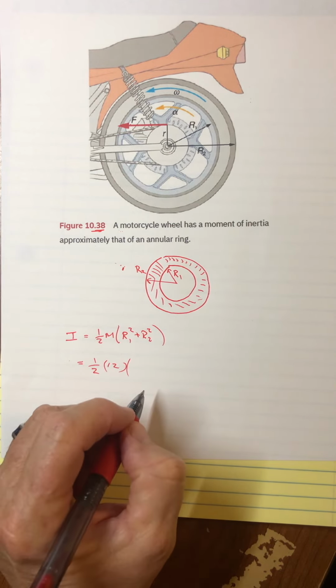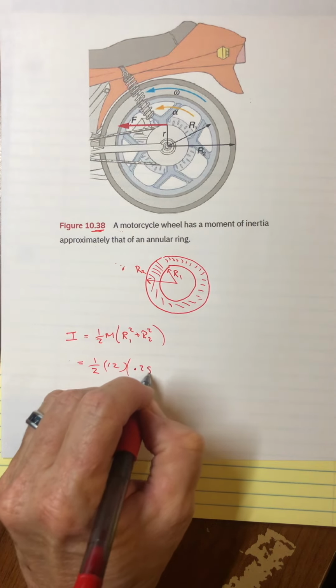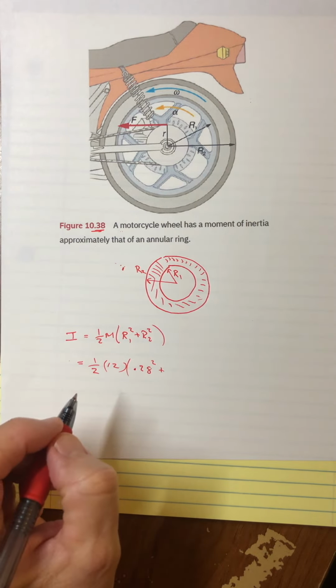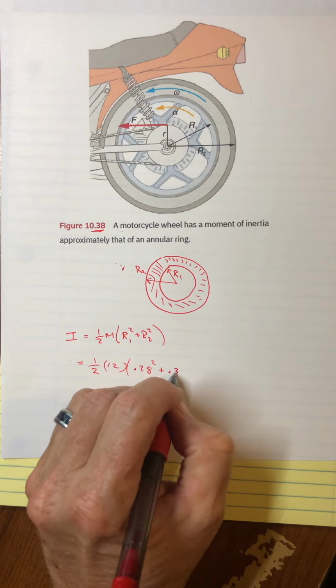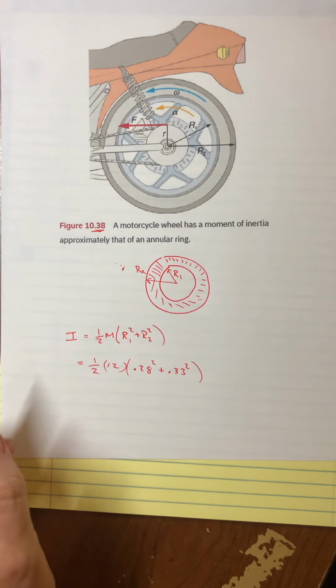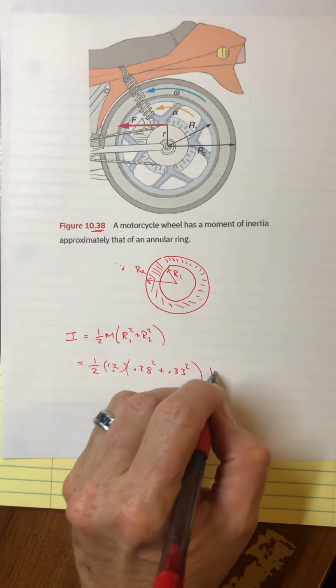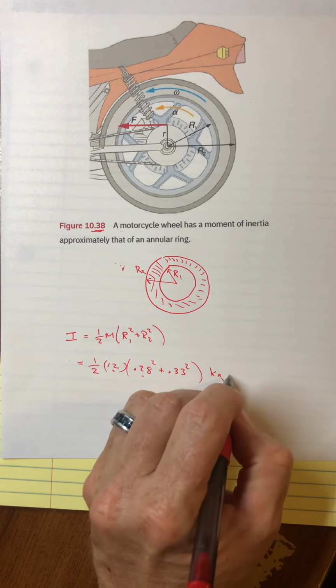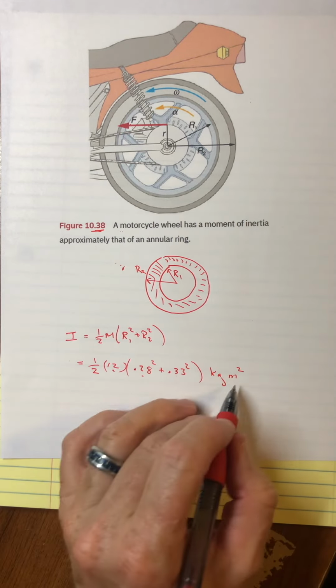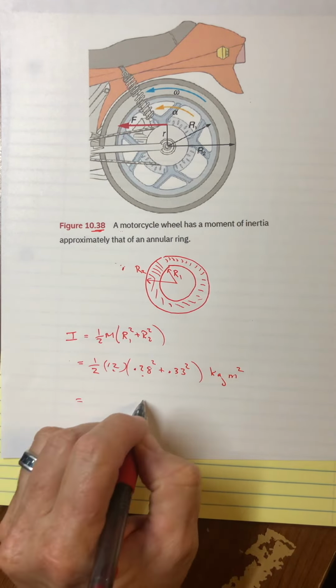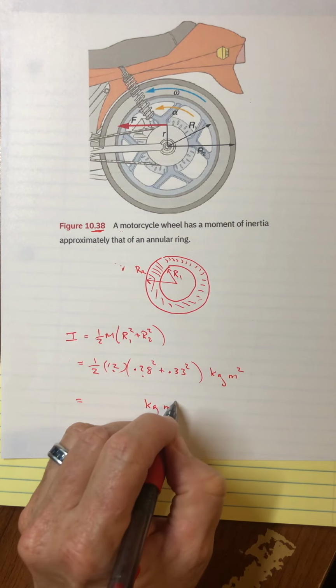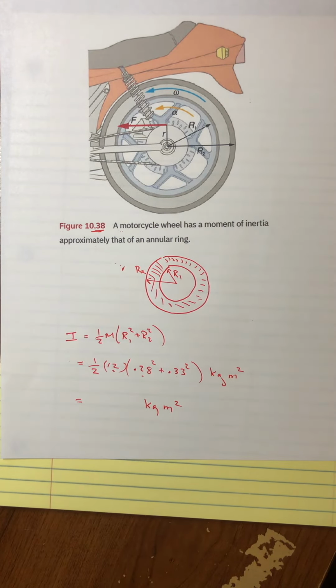And the inner radius is 0.28, so I'll square it. And the outer radius is 0.33, so I'll square that. And of course, this is in units of kilogram, and this is in units of meter, so square meter.